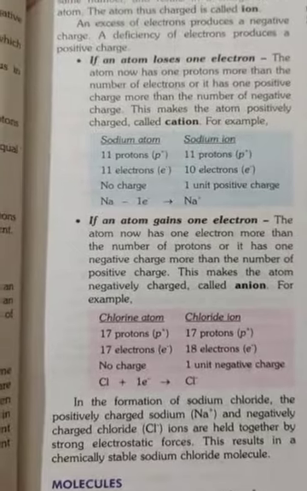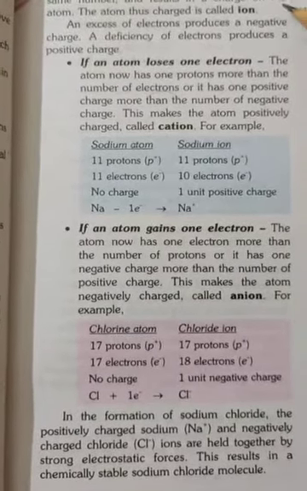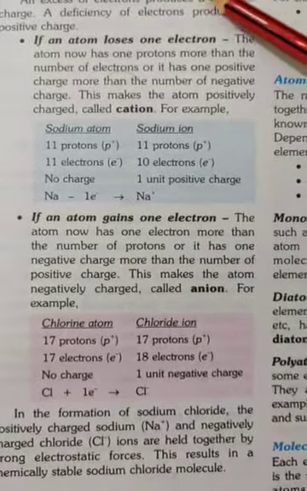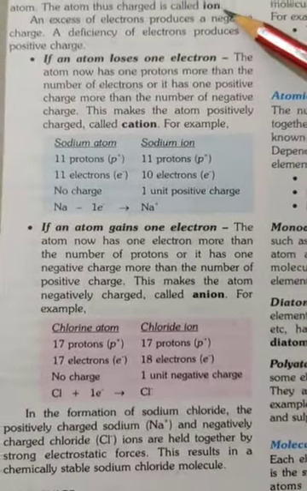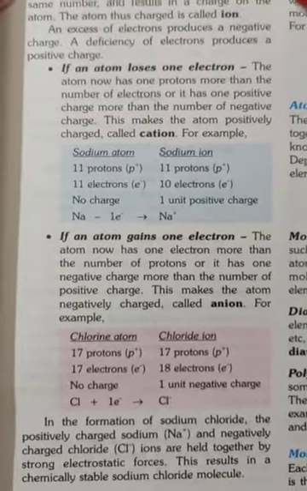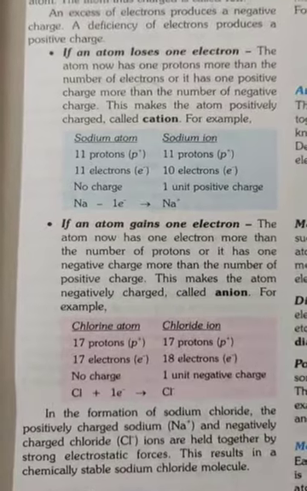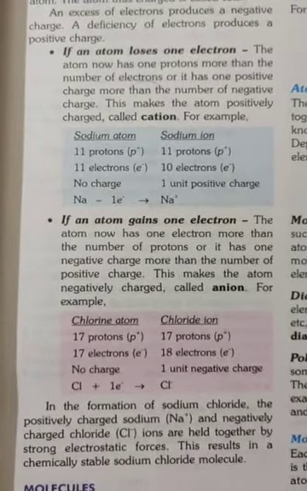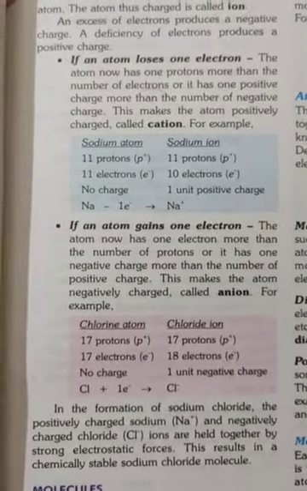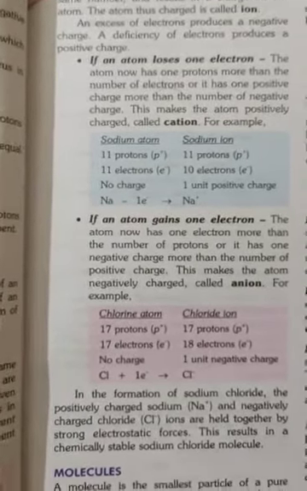So if the number of electrons increases in an atom, it will take a negative charge, and that charged atom is called an ion. Positive or negative charge is called an ion. Excess of electrons produces a negative charge, and deficiency of electrons produces a positive charge. And if the number of protons is more in the atom, it will take a positive charge.